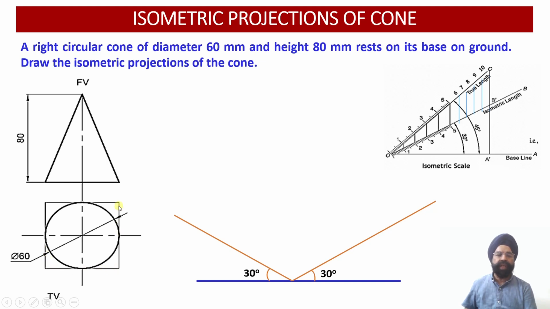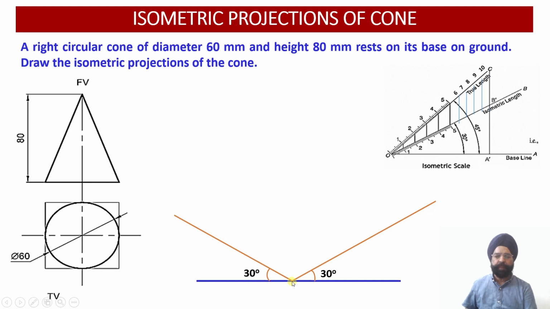Now this square we are required to construct in the xz plane. You see, this is the x-axis and this is the z-axis, and since this cone is resting on the ground on its base, we have to draw this square onto the xz plane.